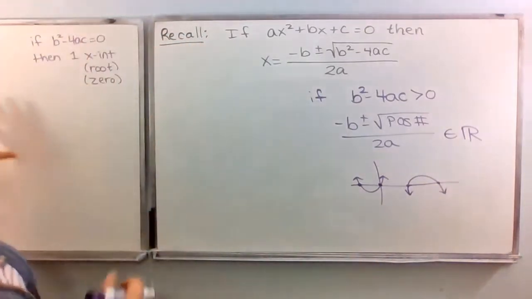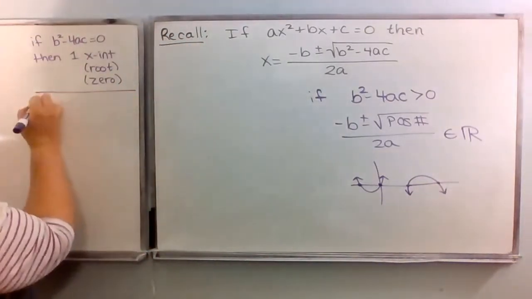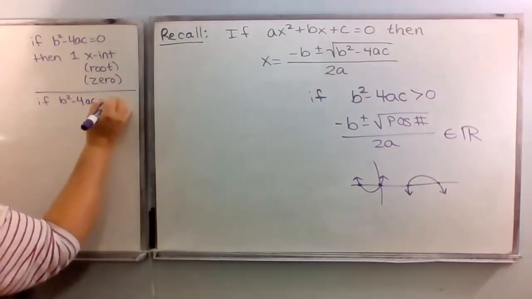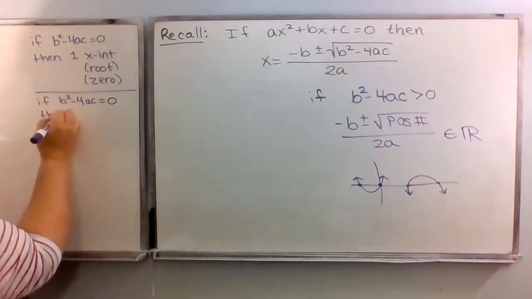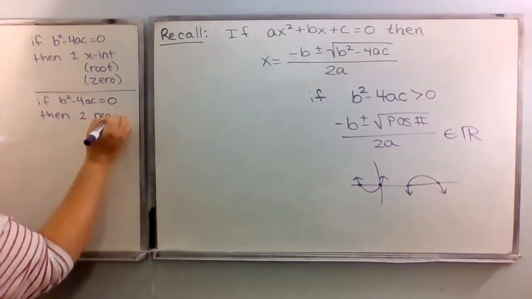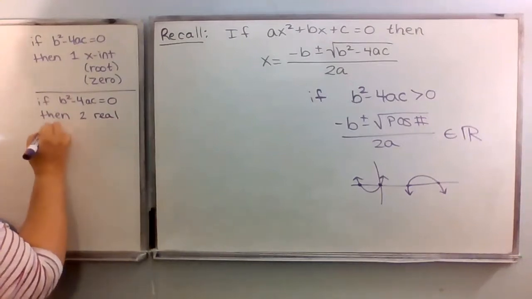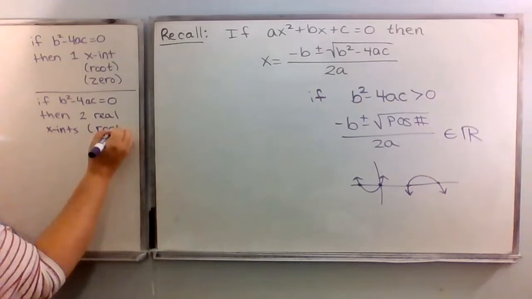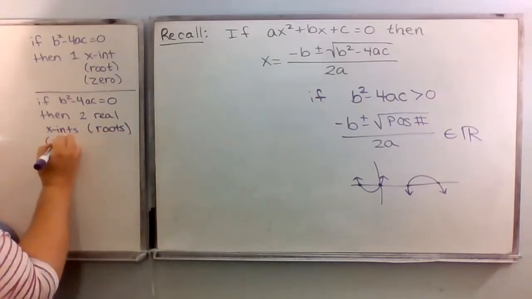So to add to my list over here, if b squared minus 4ac is positive, then we have two real x-intercepts, or we have two real roots, or two real zeros.